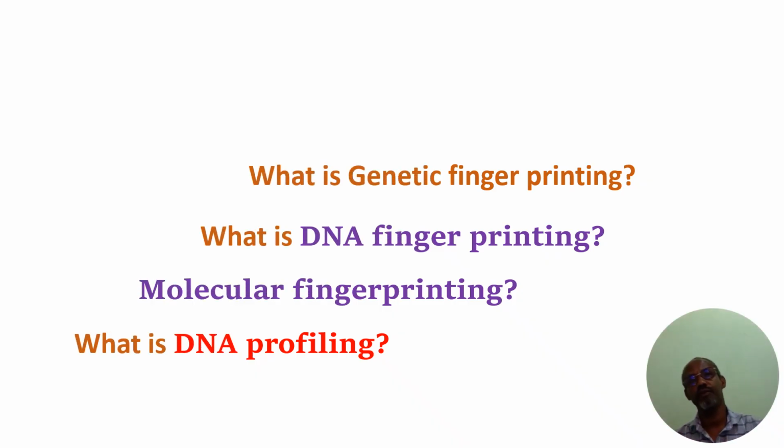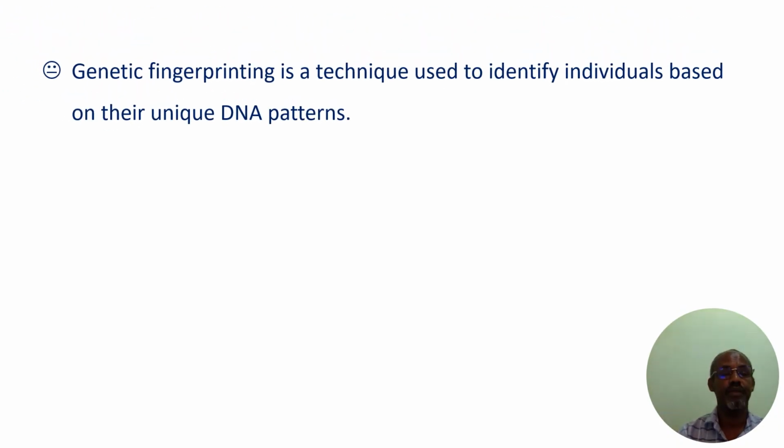We have tried to define what forensic science is, just using science to solve human problems in terms of criminal cases or legal cases. Now let us focus on genetic fingerprinting or DNA fingerprinting or molecular fingerprinting or DNA profiling. All these are the same names for the same issue. This is a simple definition. Genetic fingerprinting is a technique used to identify individuals based on their unique DNA patterns.